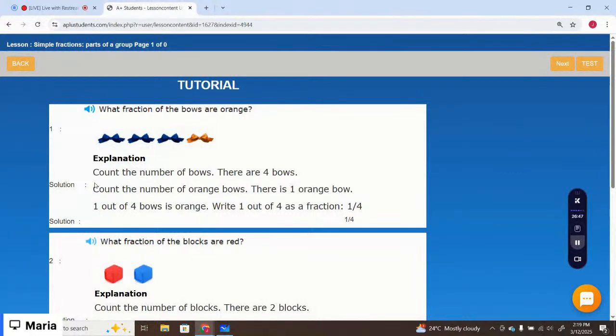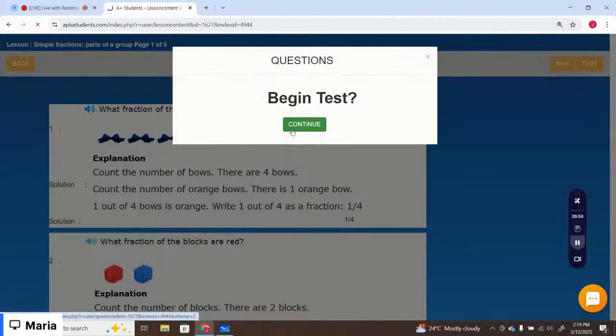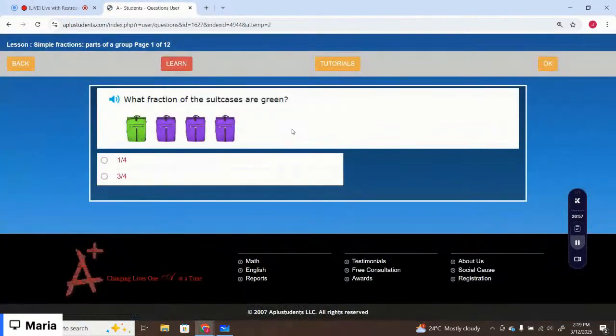Let's just start with the test questions. What fraction of the suitcases are green?